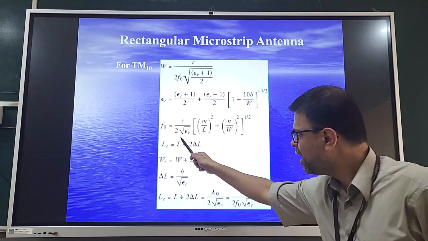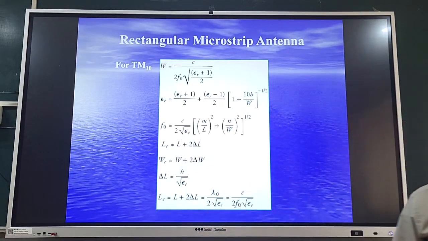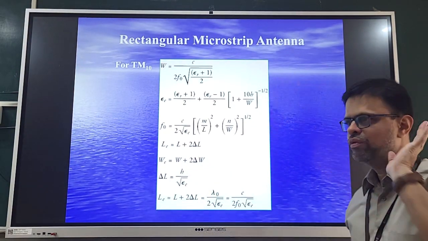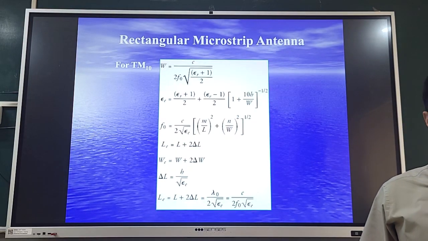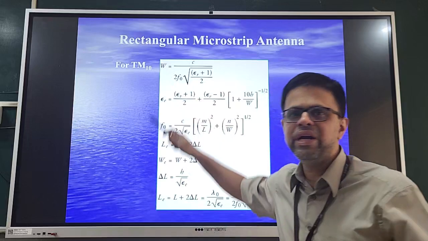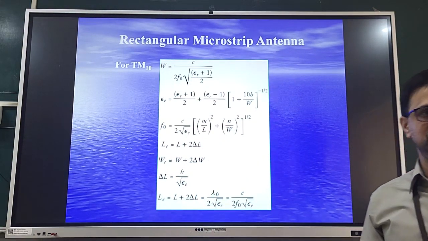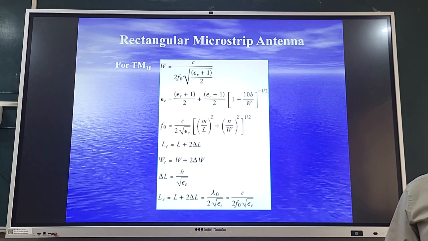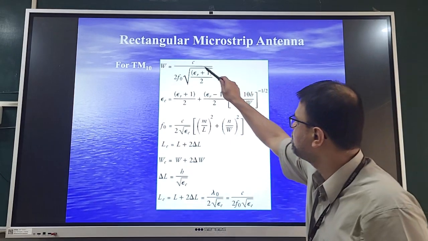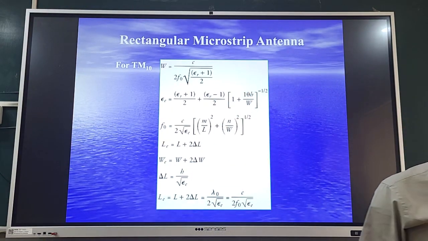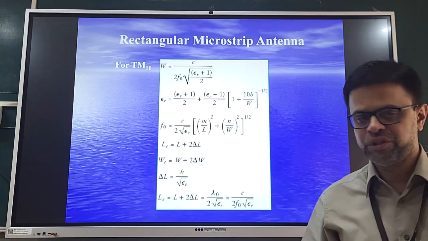So here, after calculating W, you calculate W nu. Why W nu? W subscript nu, I should say. Because already one W is calculated in the first step. Remember, this procedure is an iterative procedure. Why iterative? Because in the first equation itself, we have done some approximation.